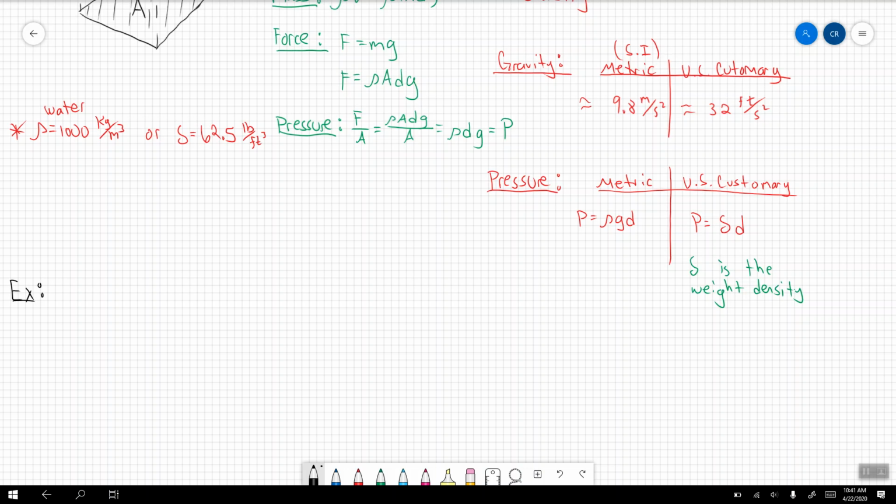All right, let's jump into a problem. It says that a vertical plate in the shape of a triangle is submerged in water.